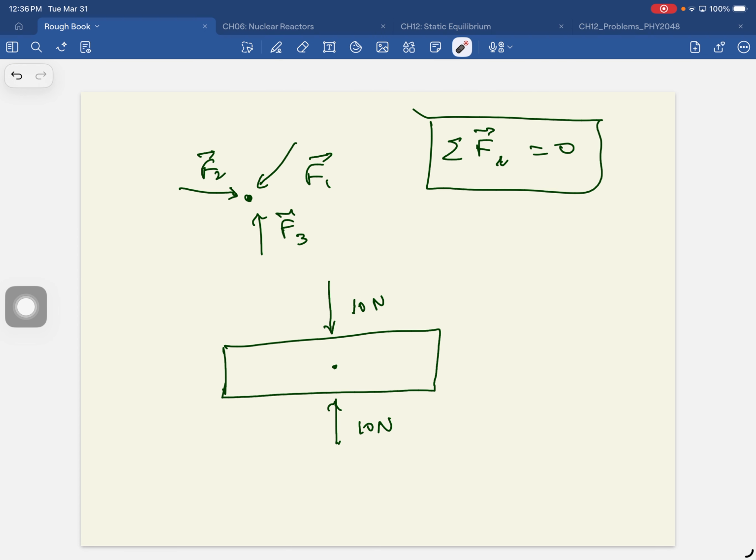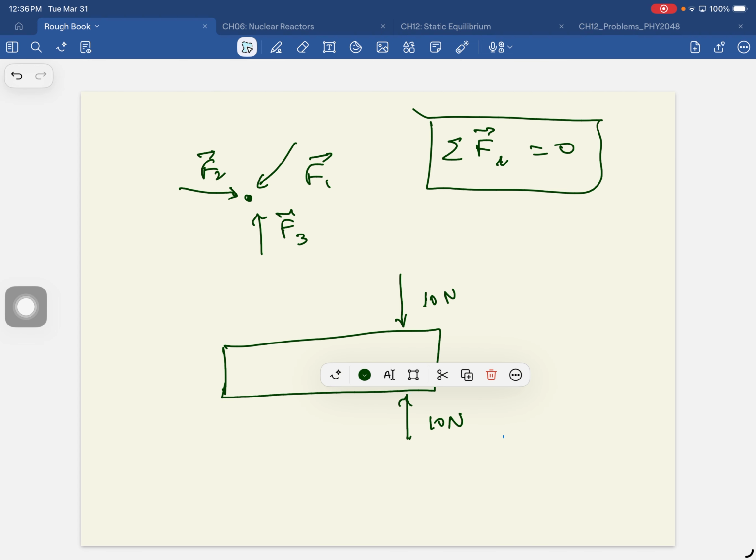How about this object? Will this be at rest? It seems like this condition is good for extended objects as well. How about now?